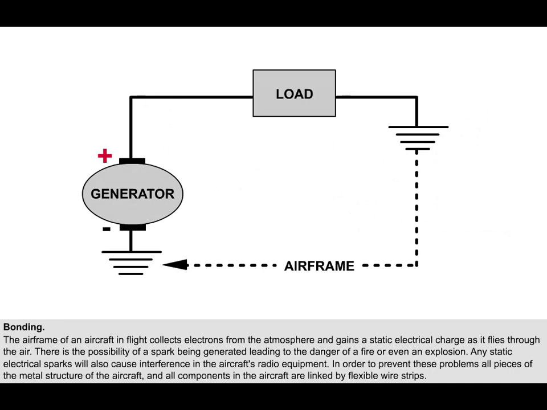Bonding also acts to maintain the earth return in a unipole electrical system, which is a system using only one wire, with the return current passing through the metal airframe. The unipole system is fully described in another lesson.